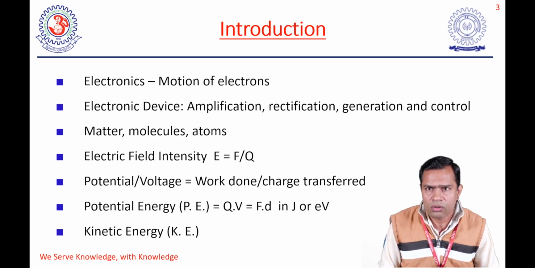If we talk about the atom, the atom consists of mainly a core, and the core contains protons and neutrons, and electrons are revolving in the orbits around the nucleus. So proton has positive charge and electron has negative charge.